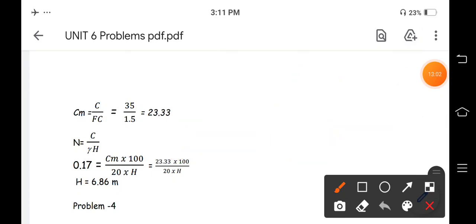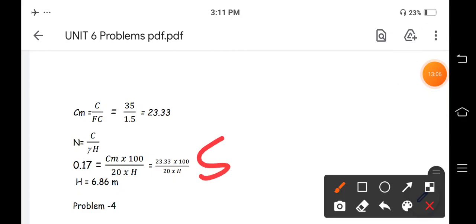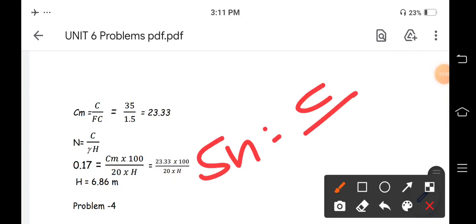We know the basic formula, that is Sn equal to C upon gamma into Z. It is a basic formula.